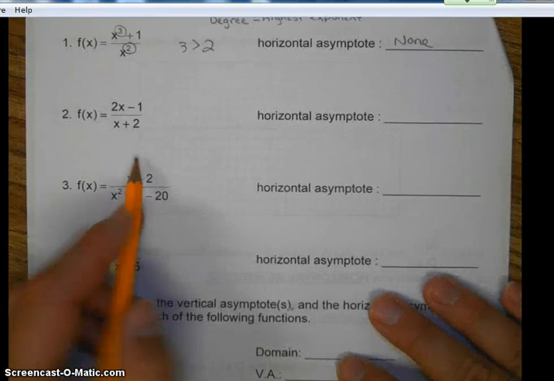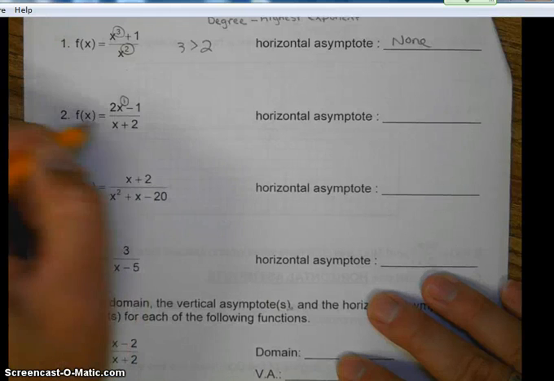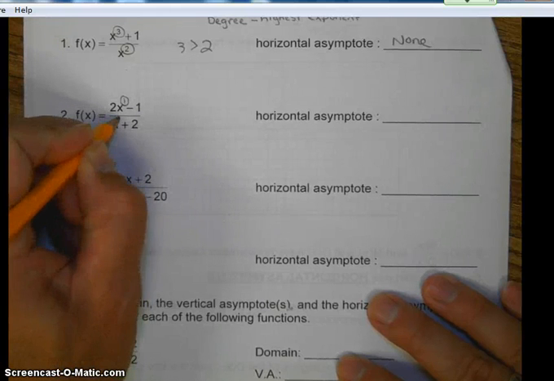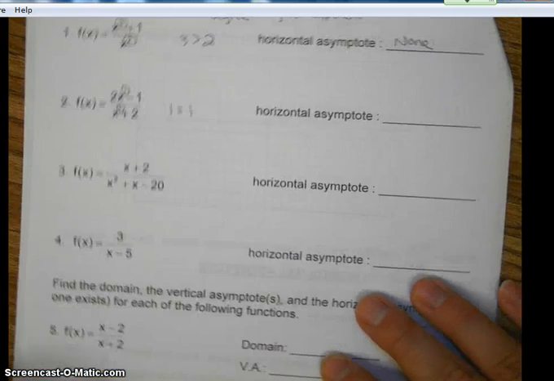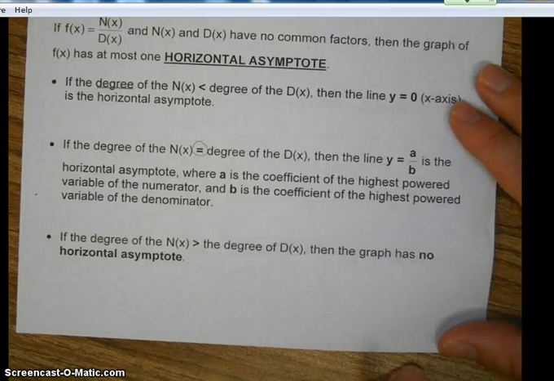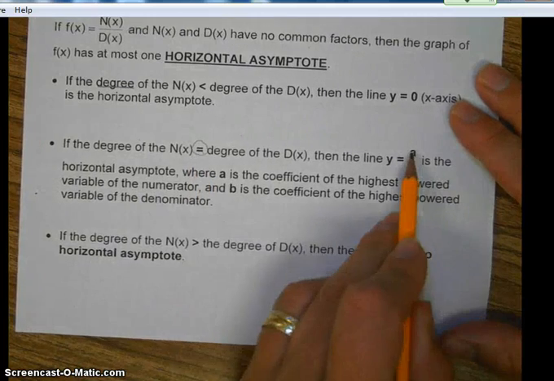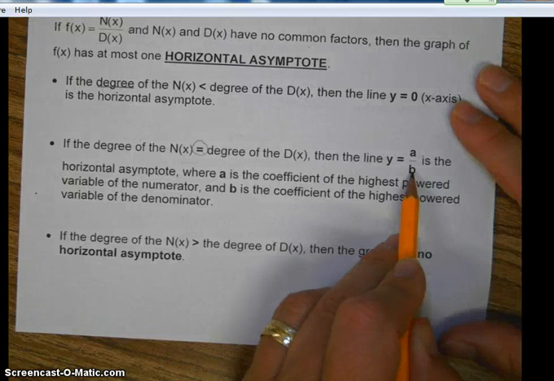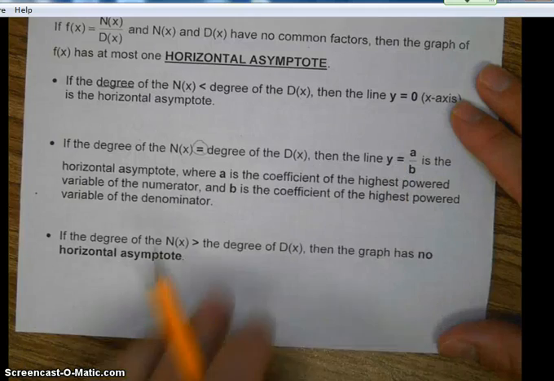Okay, next one. The degree of the numerator is 1. The degree of the denominator is also 1. Since 1 equals 1, the degrees are equal. And I want you to memorize these rules. Looking for equal, that means we're going to put a over b to get our horizontal asymptote.